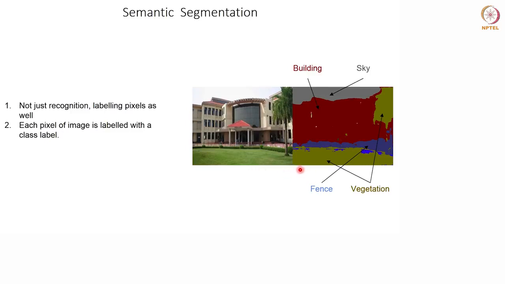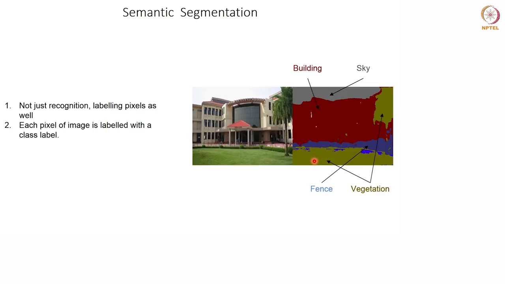The networks we are going to look at will only segment objects of a particular type. If there are multiple buildings, they will all be designated as buildings. So just to reiterate, we want to classify every pixel as belonging to a particular object, and that should be the output of the network.